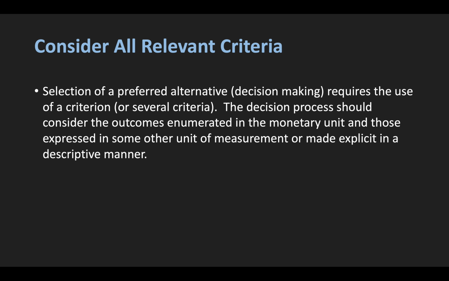Consider all relevant criteria. The selection of a preferred alternative, which is basically the decision-making part, requires the use of a criterion or several criteria, right? The decision process should consider the outcomes enumerated in monetary units and those expressed in some other unit of measurement, which are made explicit in a descriptive manner.